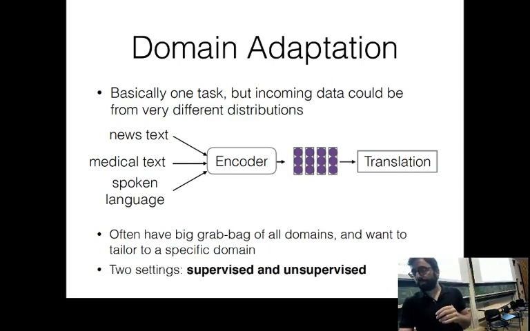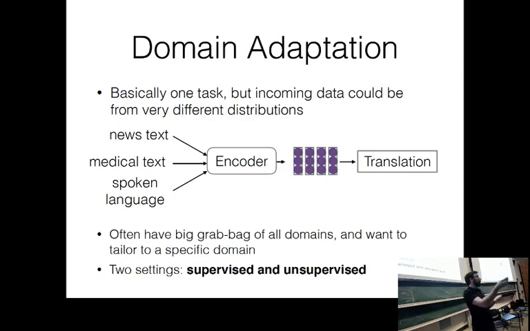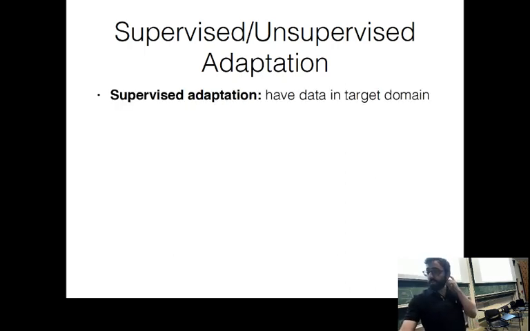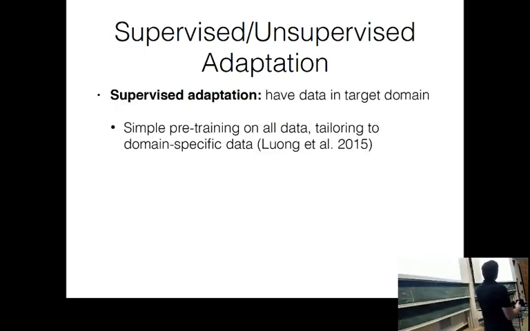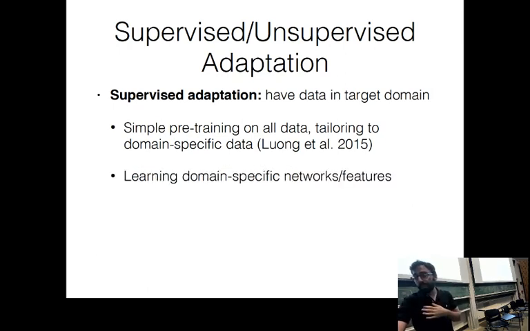So you can do this both in a supervised way, if you have labels for the domain that you're interested in, or even in an unsupervised way. So in supervised adaptation, you do have data in the target domain, and the simplest thing to do is just pre-train on all the data that you have, and then do fine-tuning, like continued training, quite possibly with carefully selected small learning rates in order to not deviate too much from your initialized parameters while training on your domain-specific data.